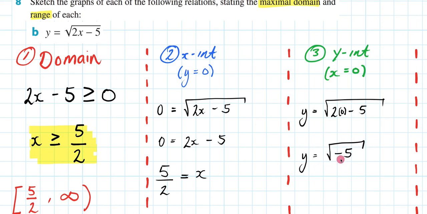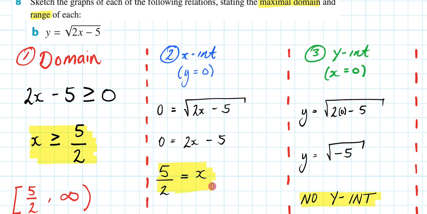You can't square root a negative number, so this tells me that there are no y-intercepts. So that's important. There are no y-intercepts. This is going to be my x-intercept.